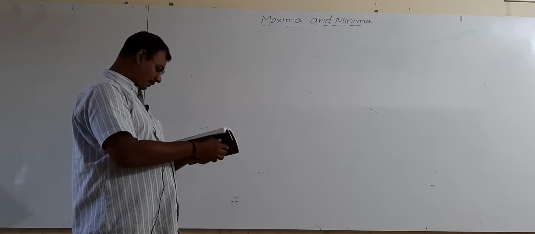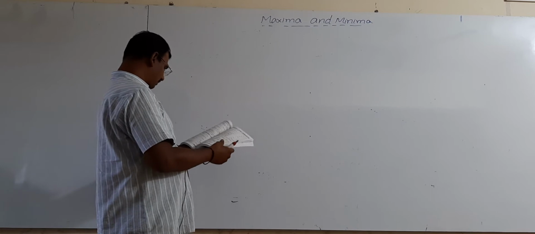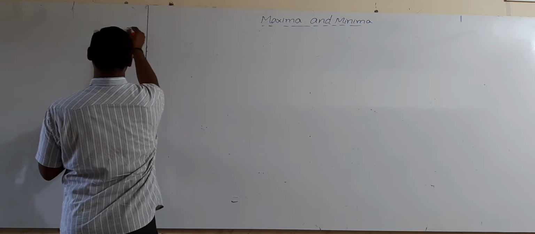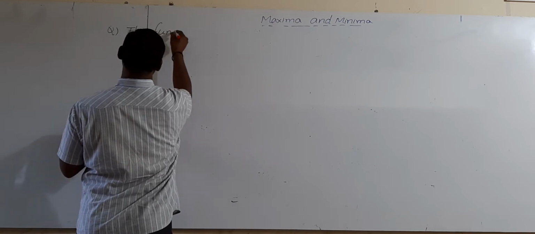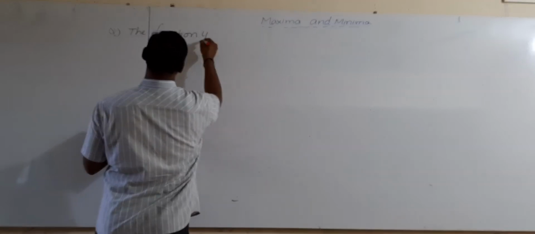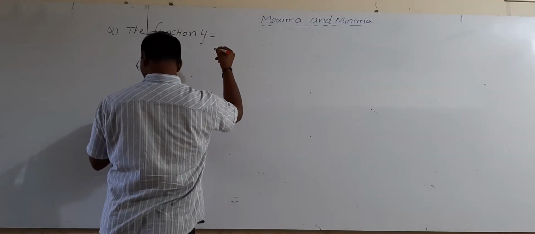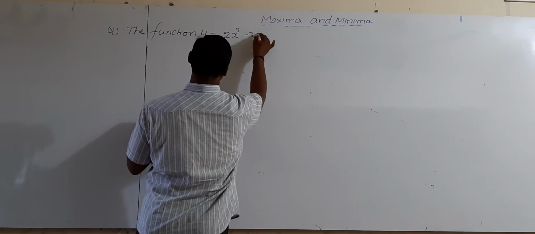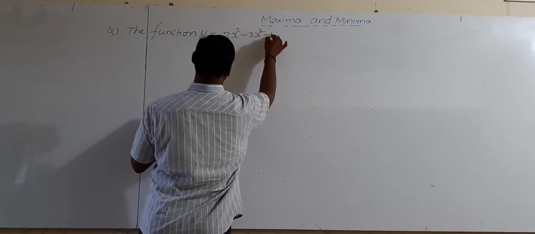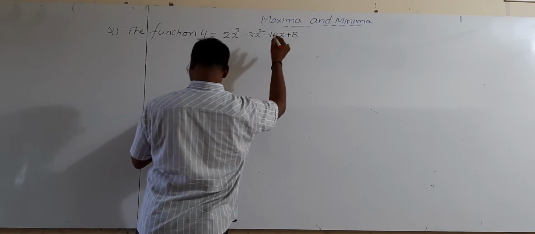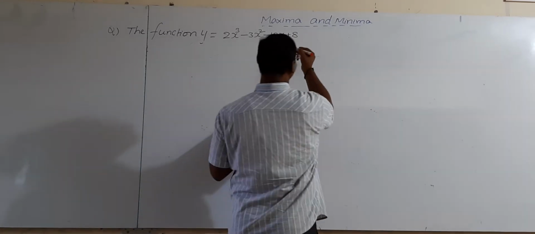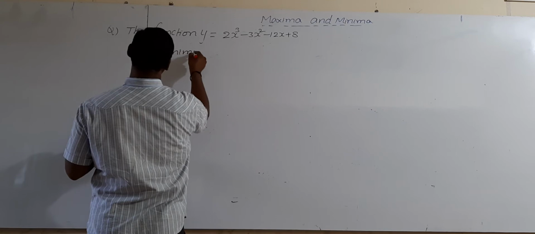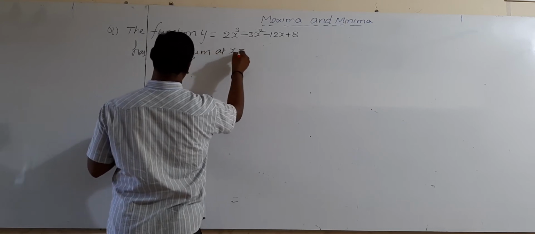The question is, the function y is equal to 2x cube minus 3x square minus 12x plus 8 has minimum at x is equal to.